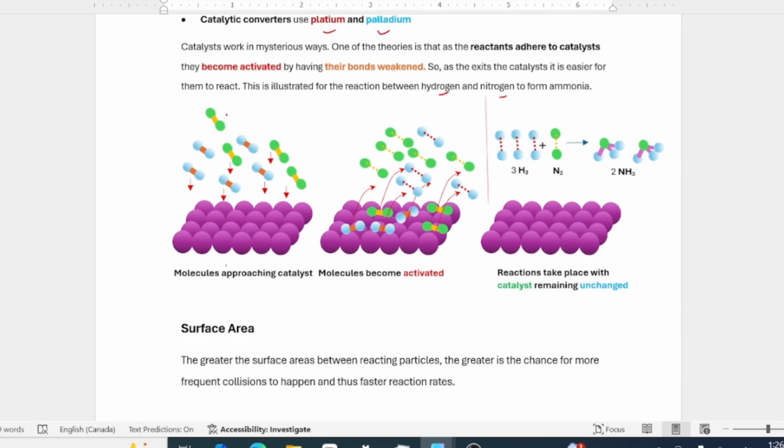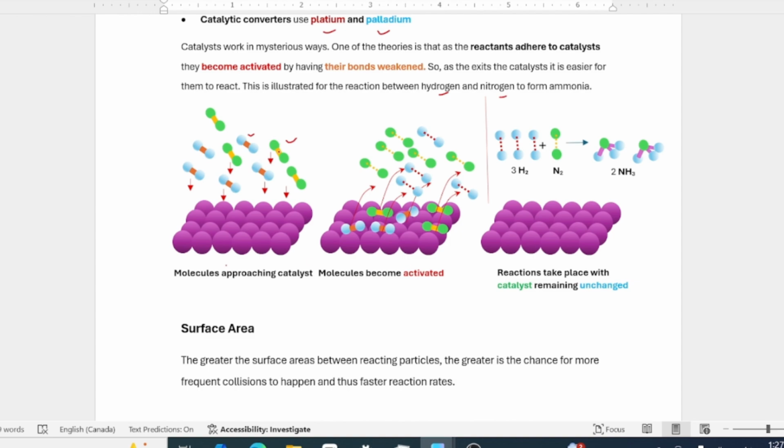These are the molecules of hydrogen and nitrogen approaching the catalyst. Of course, the catalysts are finely divided so as to create large surface areas upon which these molecules can adhere. So here we are seeing the molecules are adhering to the catalyst and they become activated.